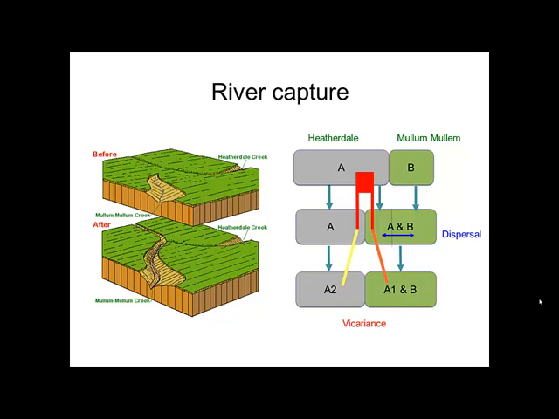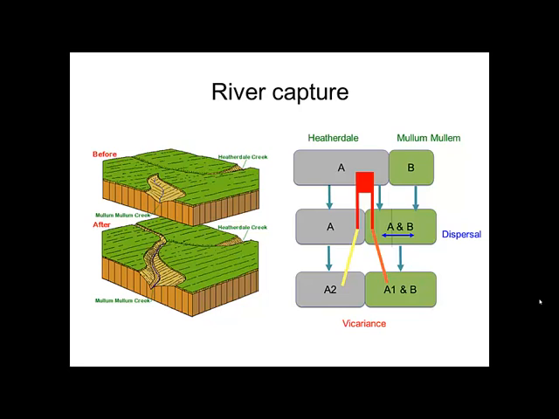What this means from a fish perspective, and if you're not used to reading trees, so this is Heatherdale Creek, this one, the grey, and Mullum Creek is B. So if we had a species in Heatherdale, what happens is that this part of Heatherdale becomes part of Mullum. Okay?